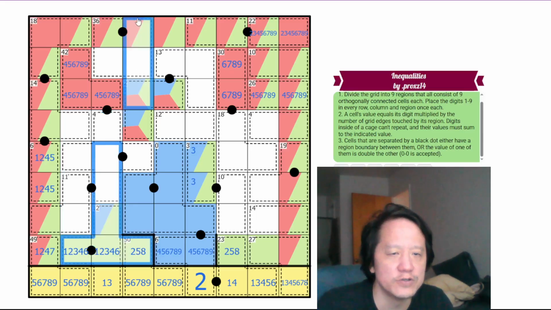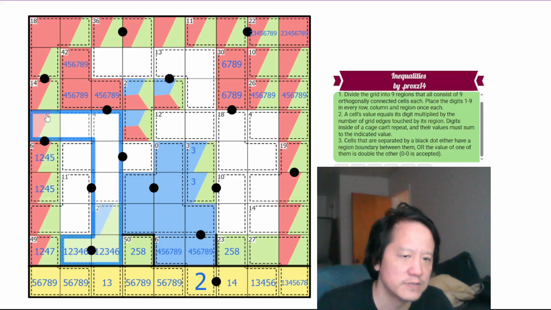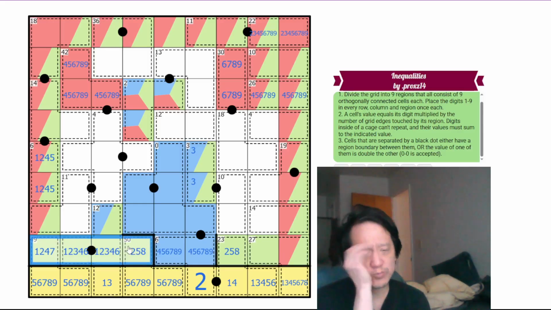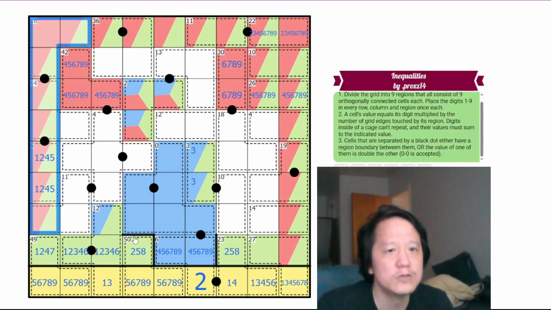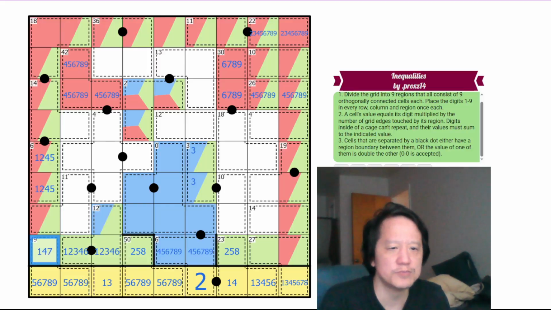And it cannot touch a single edge this way. So it has to touch a single edge here, which means this can't be double. If this is double, it has to be a different region, which would only be, it's very small in size. So this has to be part of this region also. So this is green. So this is all part of the same region. And it could just expand this way. So this could be part of another region here, which touches 2. So this can't be 2. This is 1, 4, or 7.